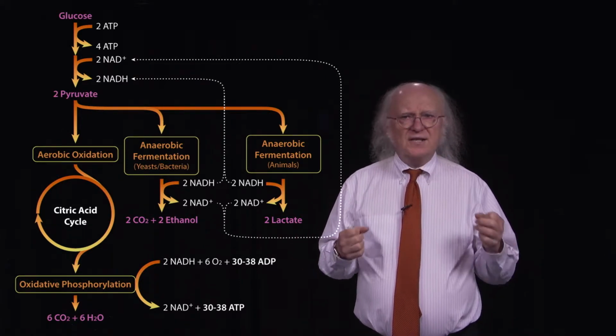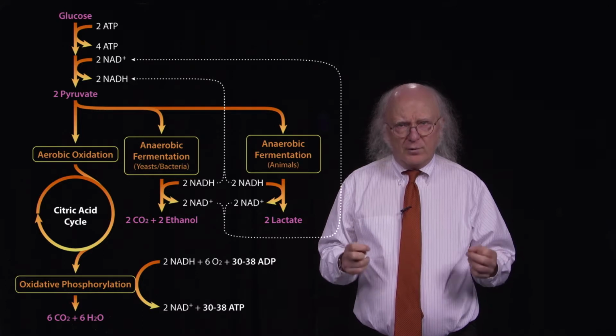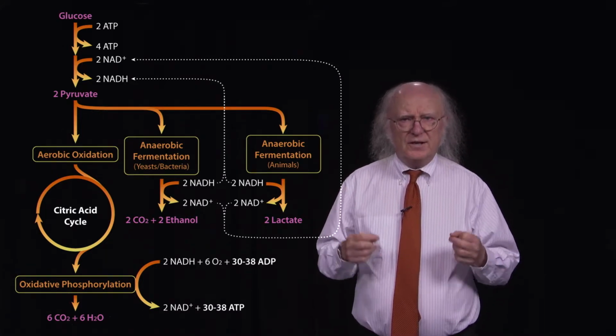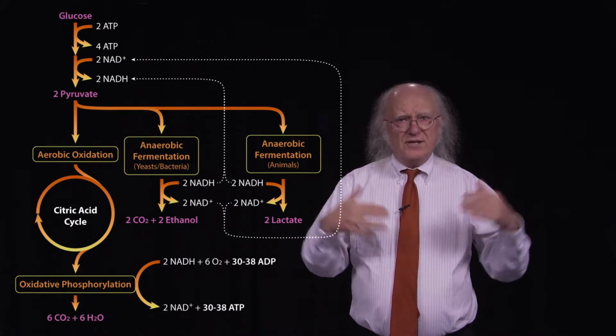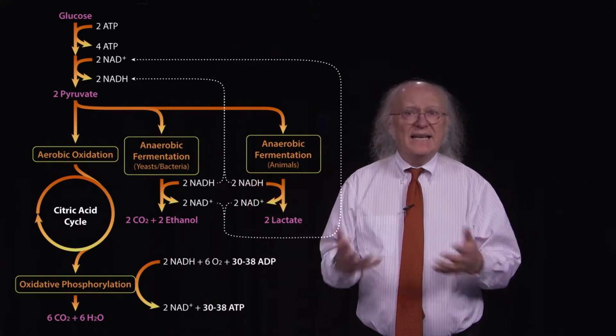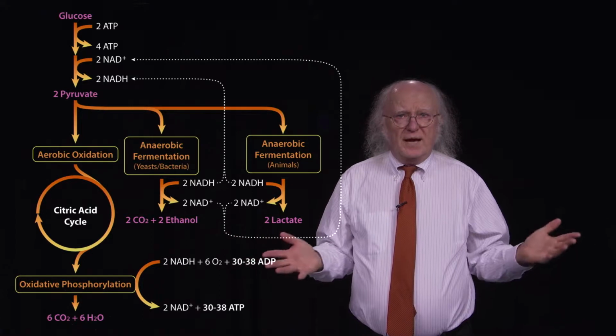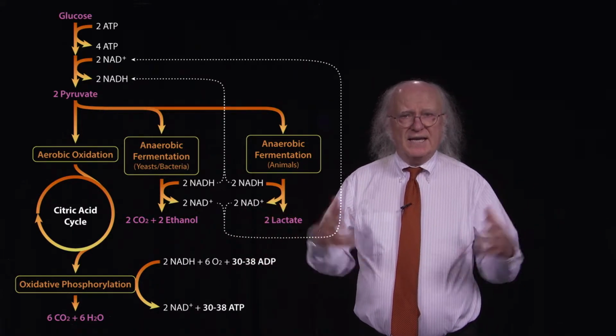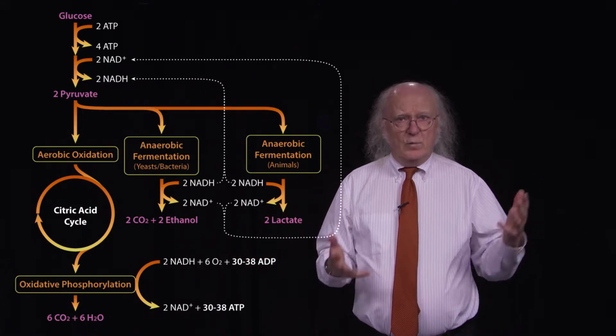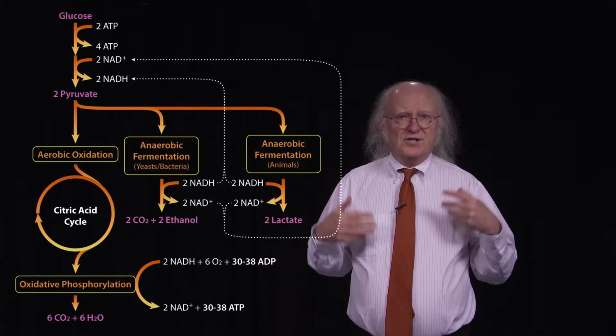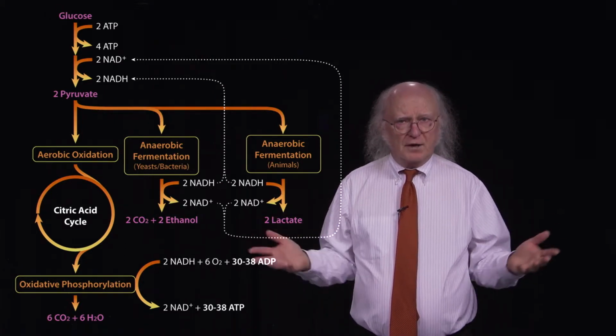The direction they go really depends upon how much oxygen is available or how much NAD is available, okay? In the normal situation, when we have respiratory control and so forth, NAD is related to whether or not oxidative phosphorylation and electron transport are running, okay?